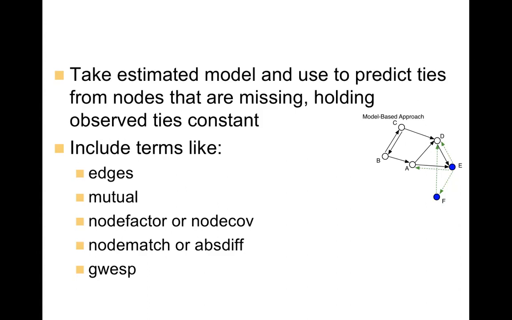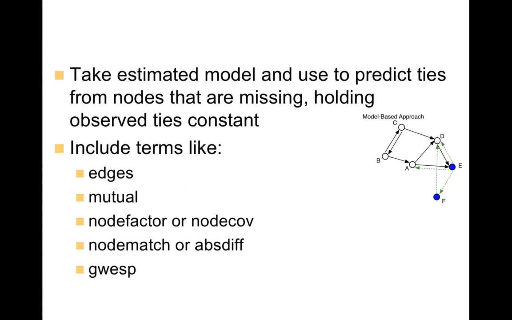And when you do this type of prediction using the estimated model, a couple things to note. So first, you're going to hold the observed ties constant. Everything that's observed that isn't missing, you're going to hold constant. So you don't let that change as you're imputing all the ties around those constant observed ties.